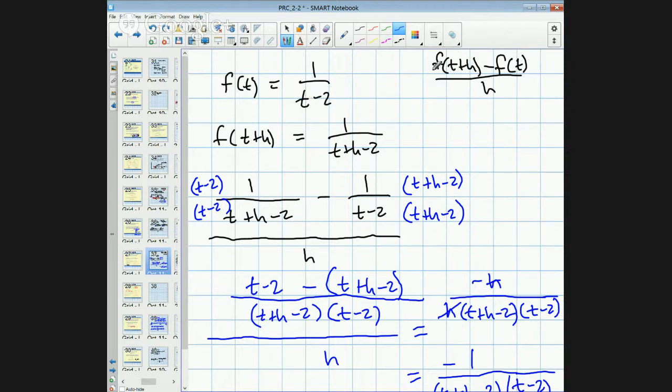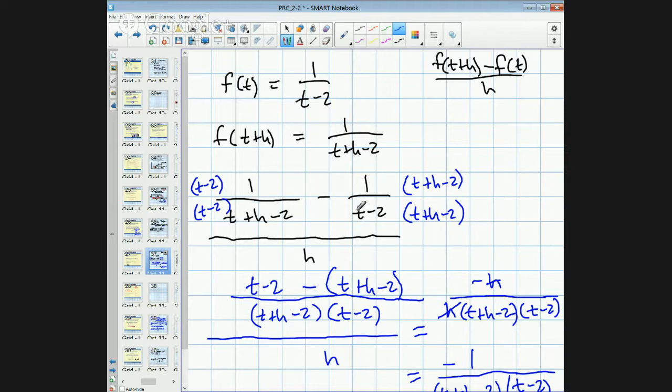So here's what we want to find: f of t plus h minus f of t all over h. First step, find f of t plus h. So wherever there's a t, plug in a t plus h. Well, that was easy. Okay, now take that, f of t plus h, and subtract the original function. Divide all of that by h.